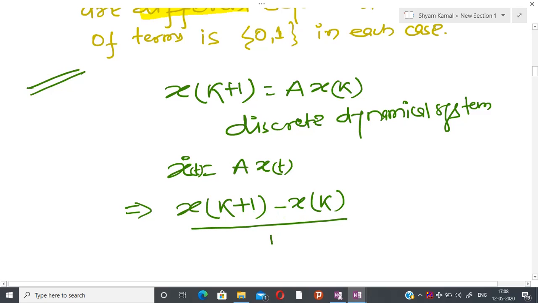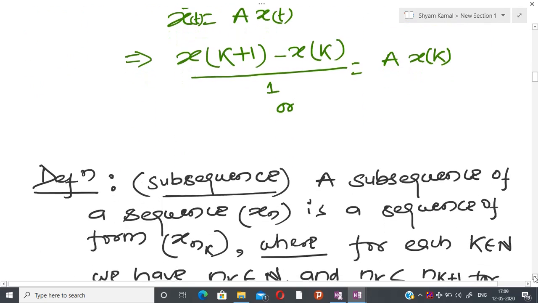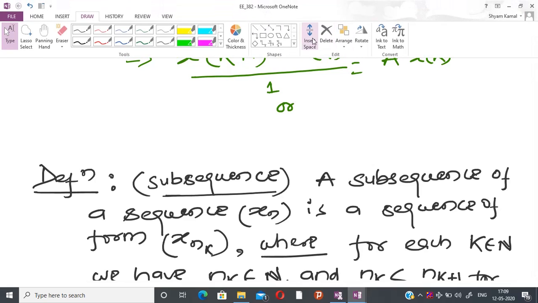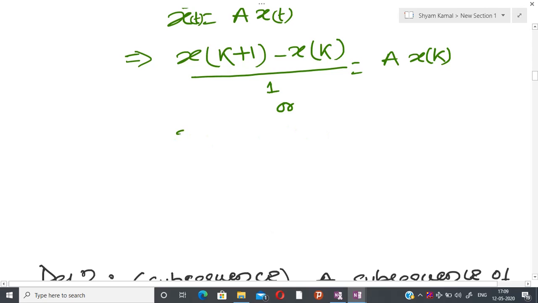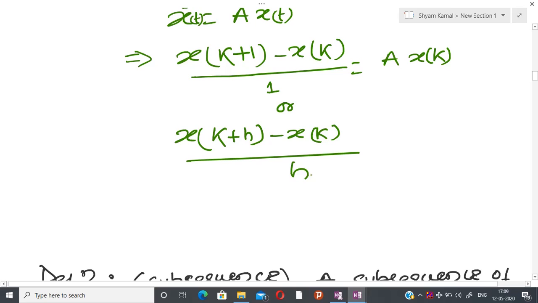Here I am assuming h is 1, and that equals a x_k. Or in a more compact form, if you have confusion, please write it like this: (x(k+h) minus x(k)) divided by h equal to a x_k.